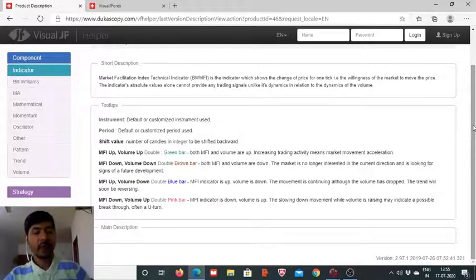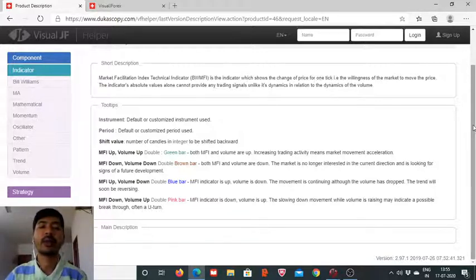With that you can use this indicator, and basically you get the dynamics, and since it is also incorporating the volume data, you get to see how many market participants are on the side of that momentum. If the MFI is up and the volume is up, it means that more and more market participants are participating in this activity.